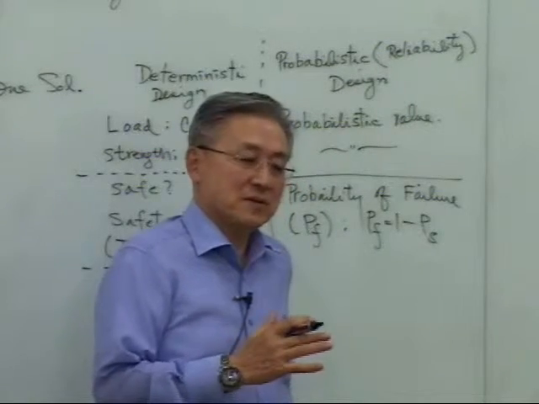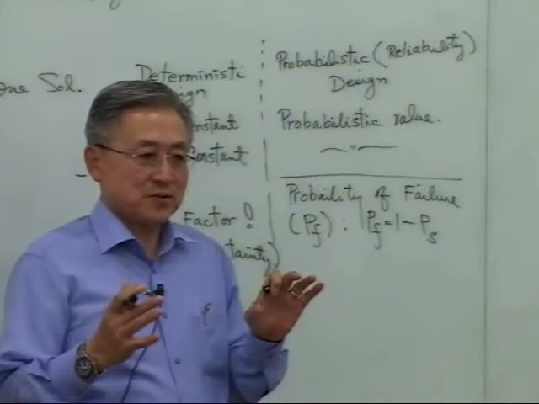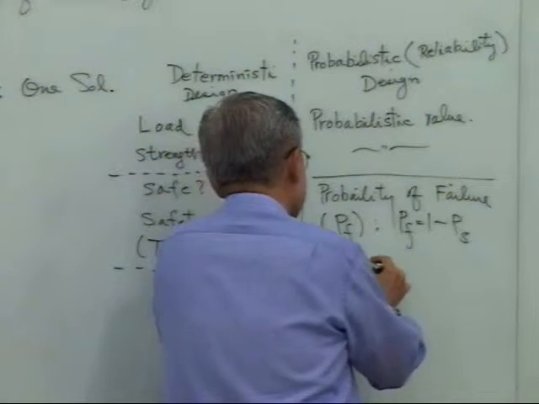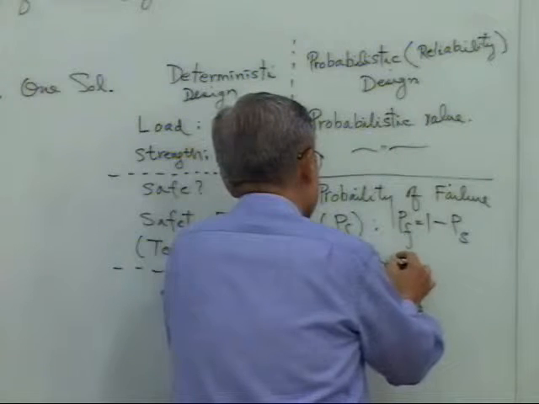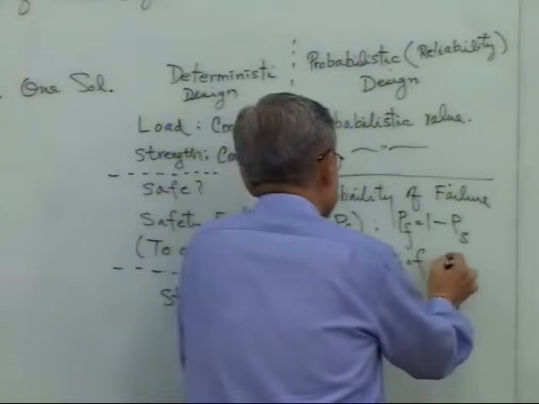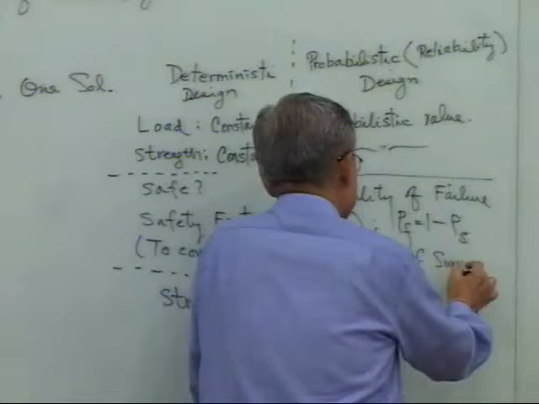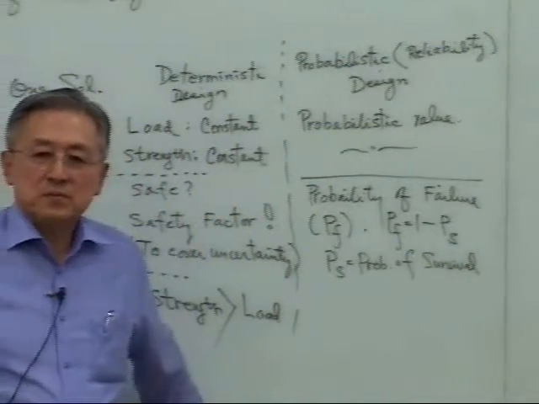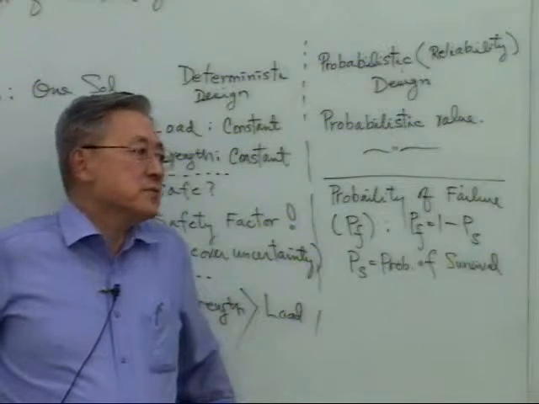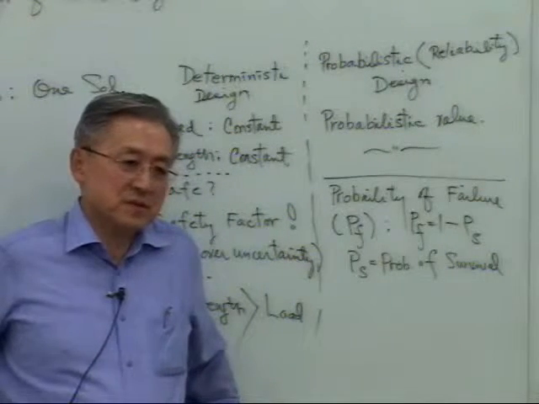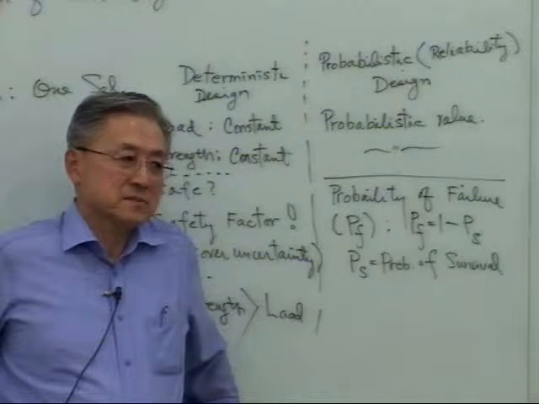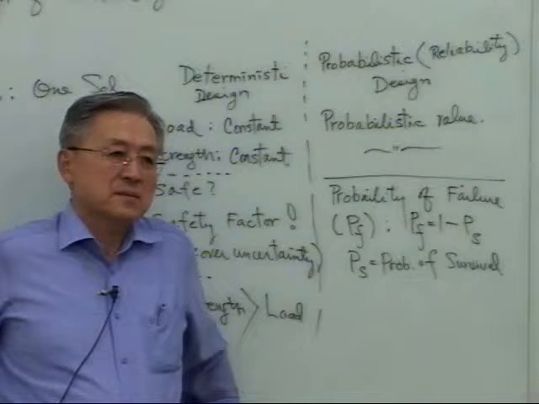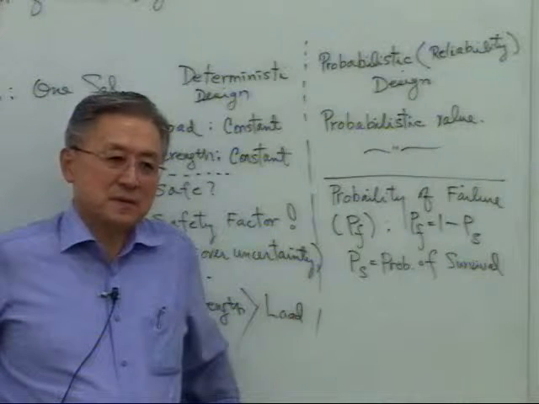That's basic, right? They complement each other. So PS is the probability of survivor. If you compute the probability of failure, then you know the probability of survivor. Okay.